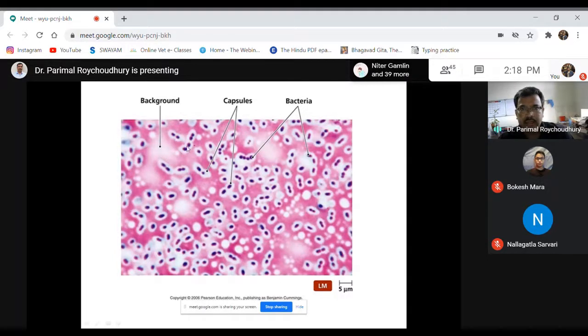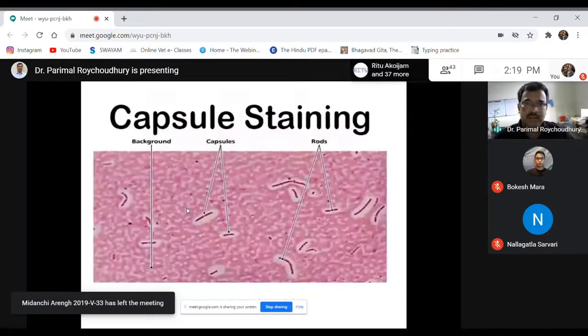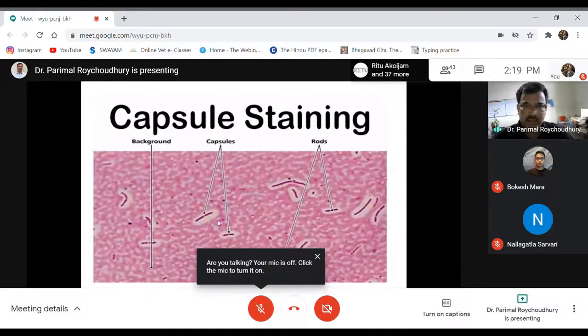In that, they made the bacterial suspension and prepared the smear, and after that they again put a primary simple stain so that the bacteria take the color, and the capsules wash off after washing and become clear. So negative stain is mainly performed to demonstrate bacterial capsules. Please note it down. It is called negative stain because the capsule doesn't take any stain here; rather, the contrast is because of the background.